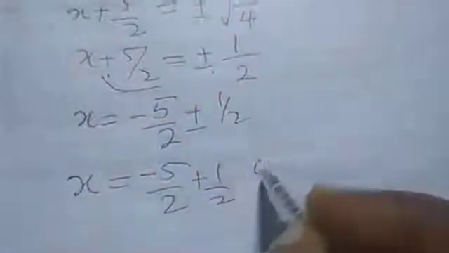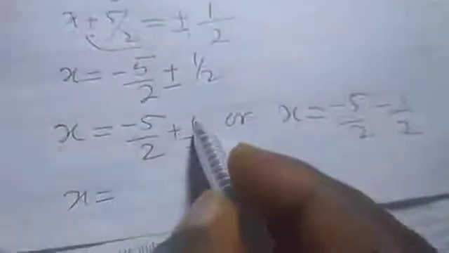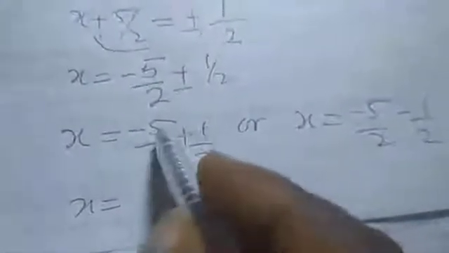As you have known, what will be next will be minus 5 over 2 plus 1 over 2, or s is equal to minus 5 over 2 minus 1 over 2. This plus this is easy to do. Minus 5 plus 1, they have the same denominator, so I'll just operate on the numerator.